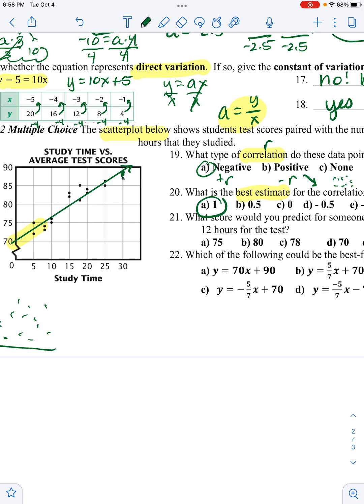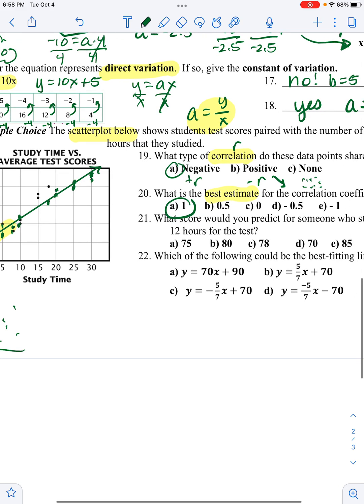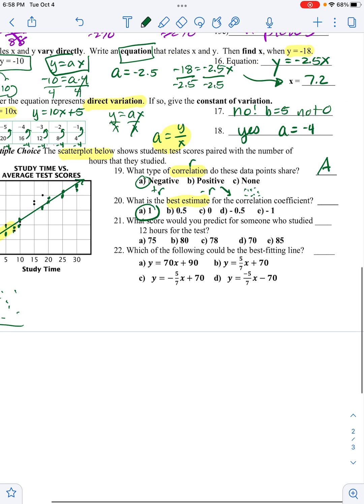I mean, you have a cluster here and here. These are really close together, and they're all pretty close to the line. That one and that one are the same distance. So these three are the only ones that are not super close to the line. And so if I'm estimating, it's certainly closer to being linear than not.